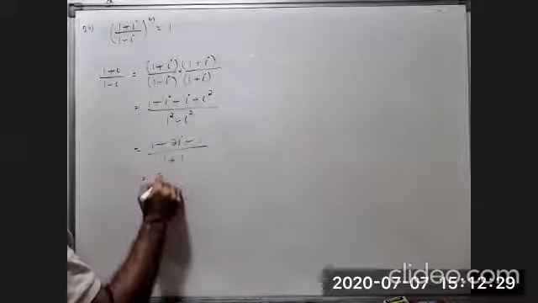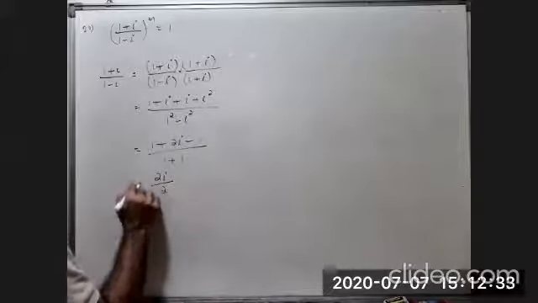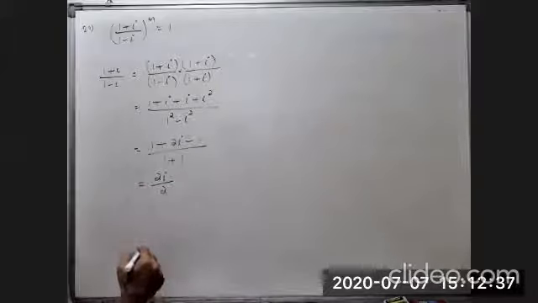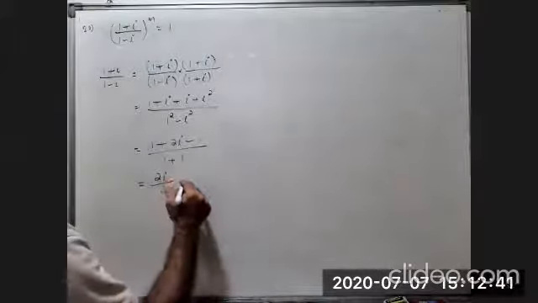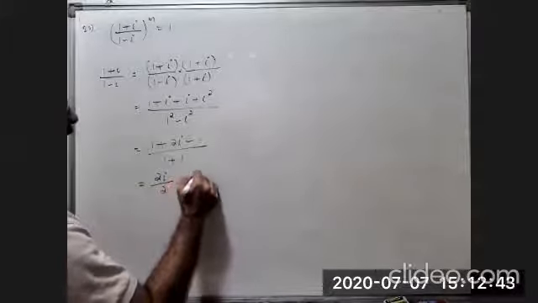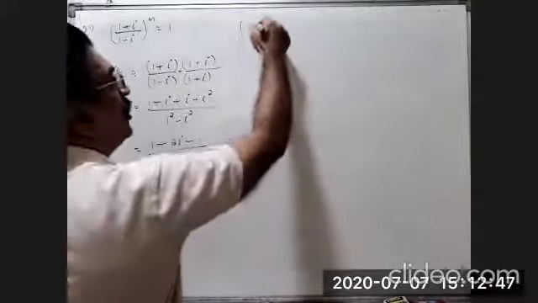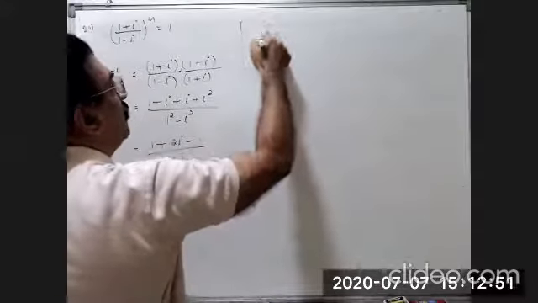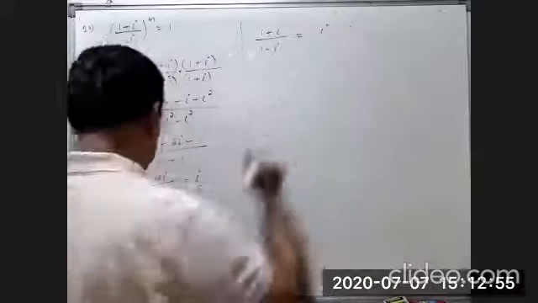This is 2i by 2, so we got i. So (1 plus i) by (1 minus i) is equal to i.